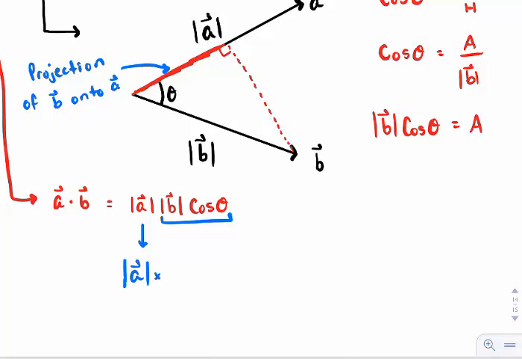I'll even put a little x there. I don't want to put a dot because I don't want to confuse you with that. But I'm multiplying it by the projection of vector b onto a. So in other words, how much of that force from vector b is going into vector a. I want to know how much of that is occurring. And that's what the dot product gives me.